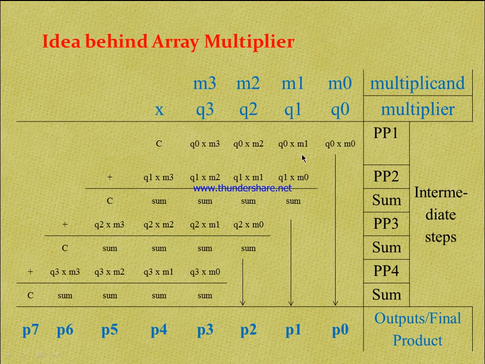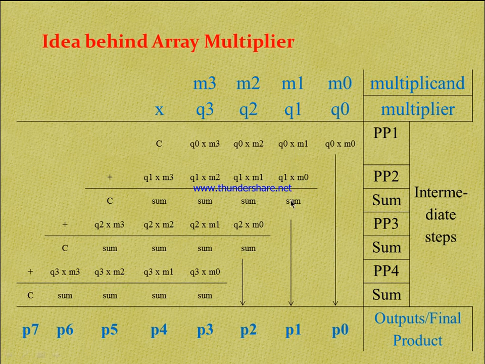Okay, so if I sum these two, this goes directly here, this is added with this one and I will get the sum, and in this way all of these are added and I will get the sum and the carry if any. So now the first two partial products are added.